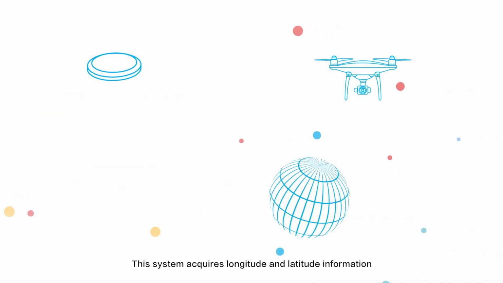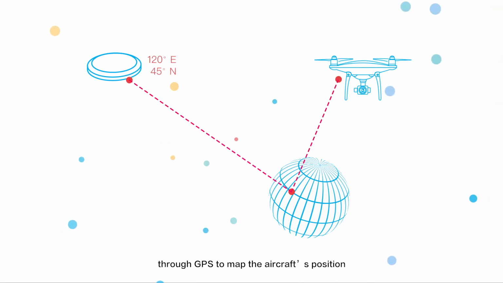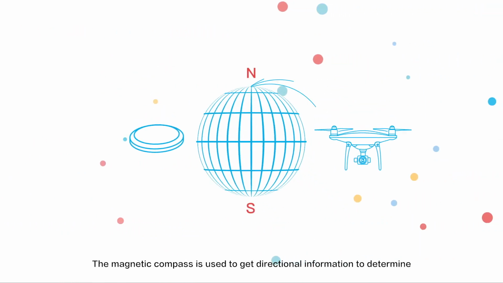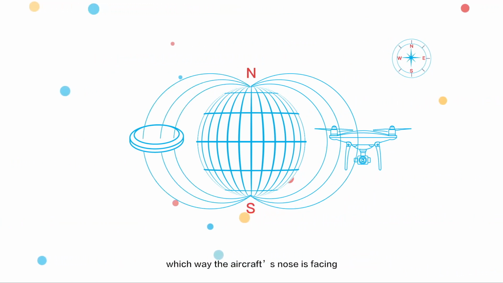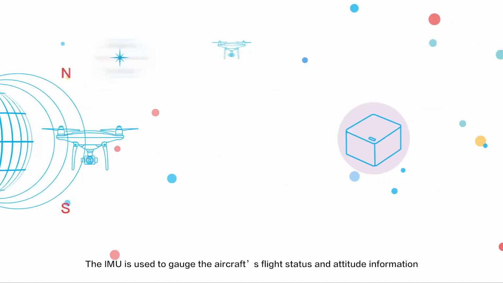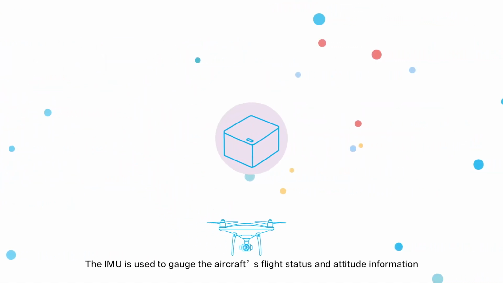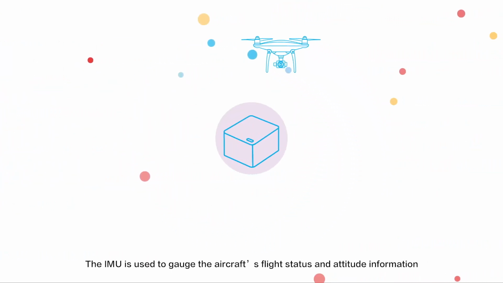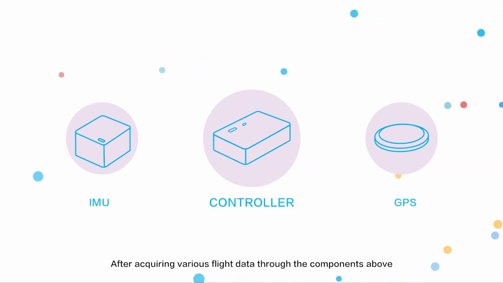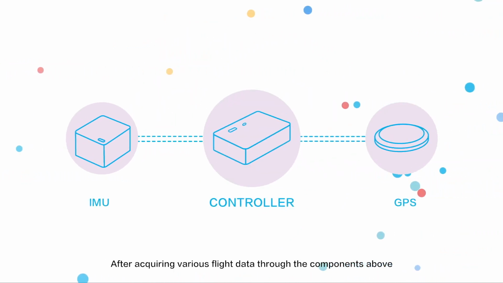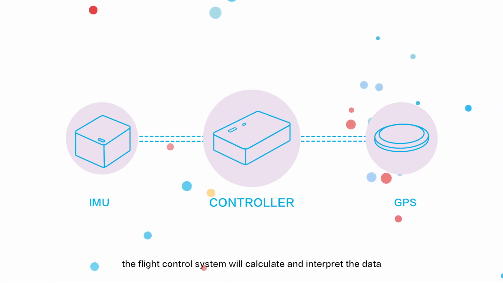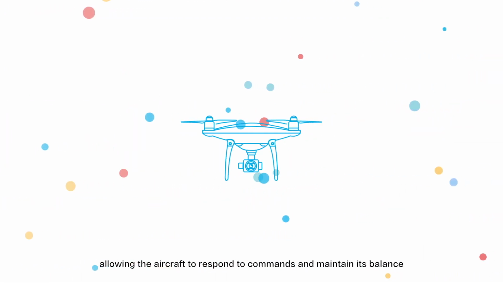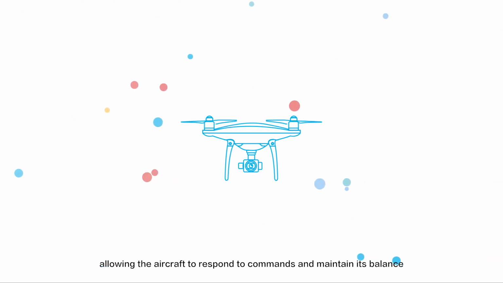This system acquires longitude and latitude information through GPS to map the aircraft's position. The magnetic compass is used to get directional information to determine which way the aircraft's nose is facing. The IMU is used to gauge the aircraft's flight status and attitude information. After acquiring various flight data through the components above, the flight control system will calculate and interpret the data, allowing the aircraft to respond to commands and maintain its balance.